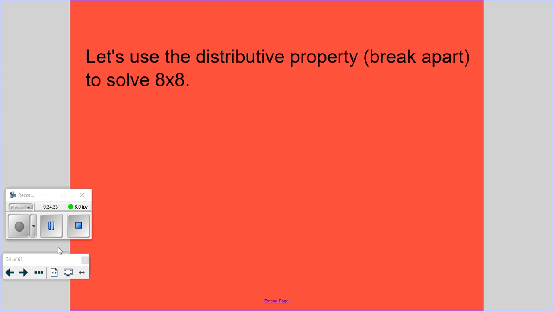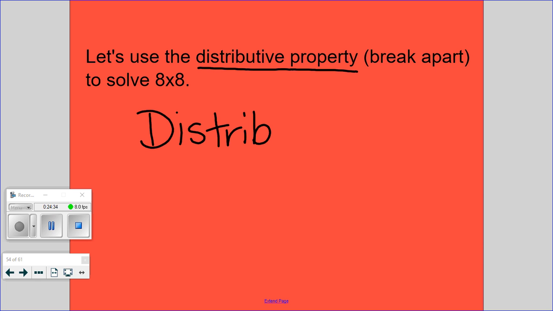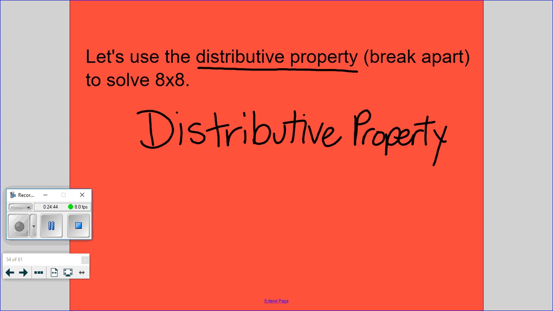Alright, the title of the next blank page is going to be distributive property. And I'll write that bigger so you can see it. The word distributive means to give a little bit to different, whatever you're distributing.